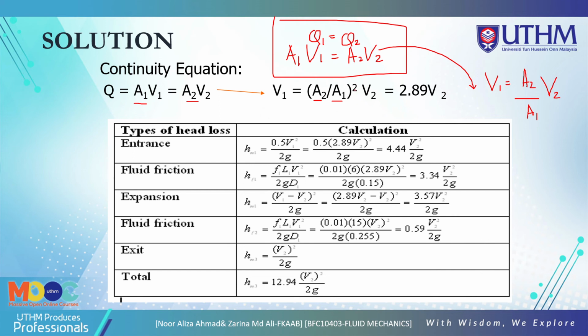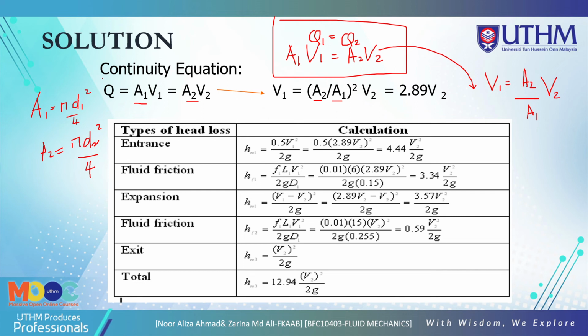Dia ada kuasa 2 ni sebab pi D squared. So ada kuasa 2 because you must get the area 1. So you must get pi D1 squared over 4. A2 pun sama: A2 you get pi D2 squared over 4 here.